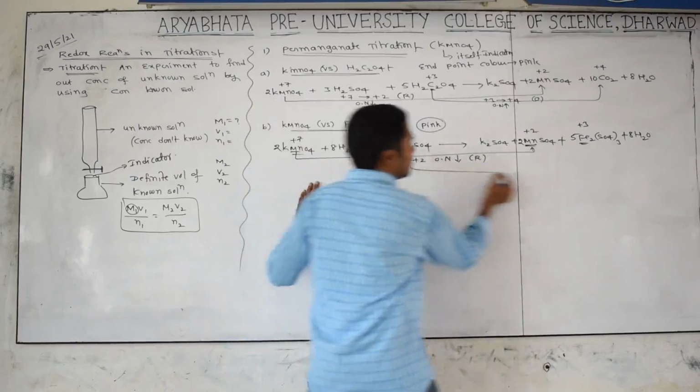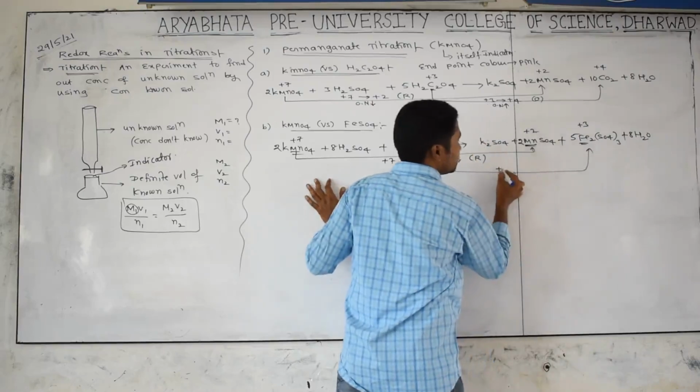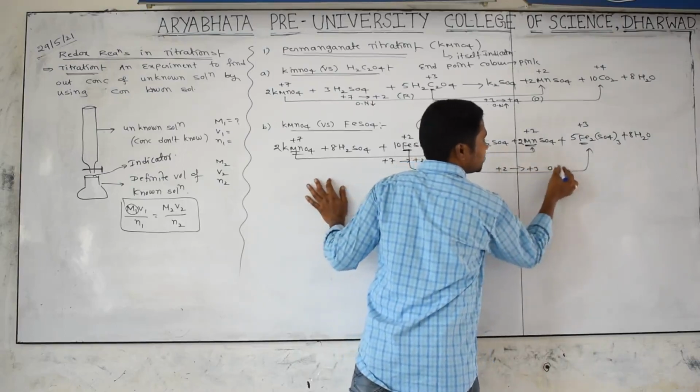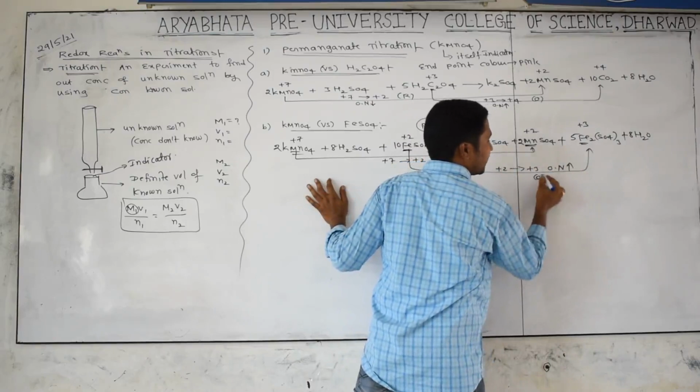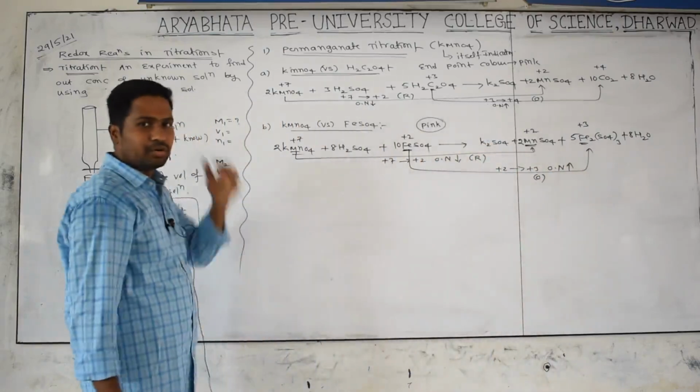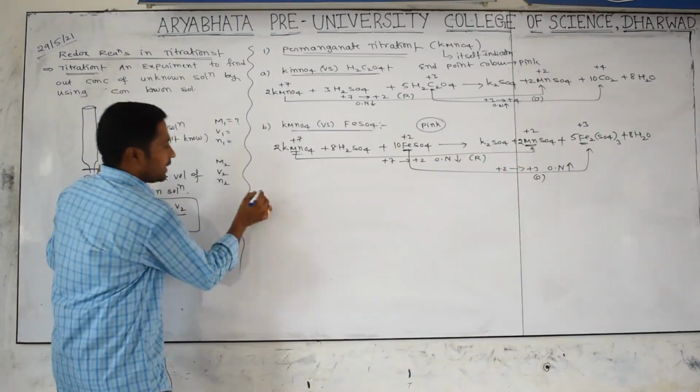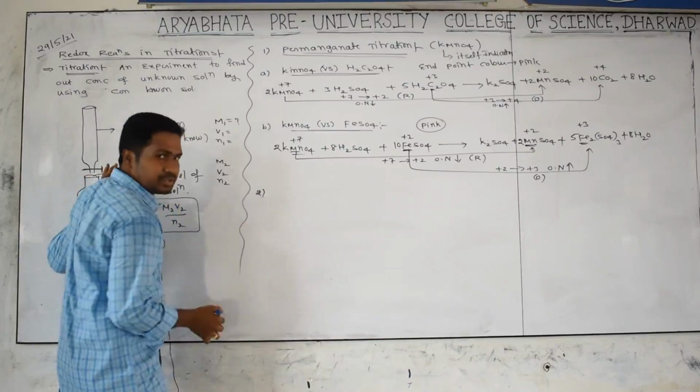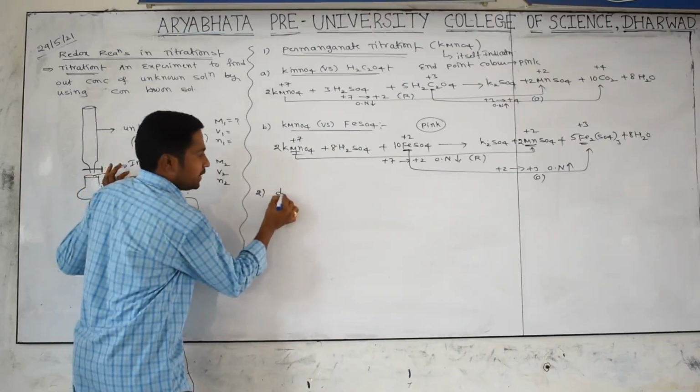Here, +2 to +3, the oxidation number is increasing, called oxidation. Are you getting it or not? Yes. The second type of redox reactions in titration is the dichromate reactions.